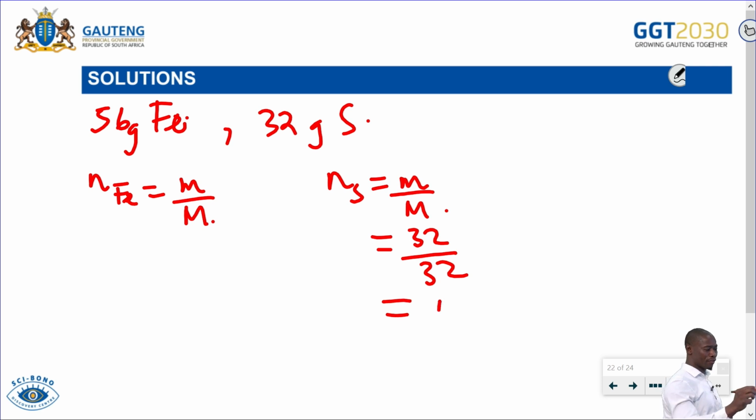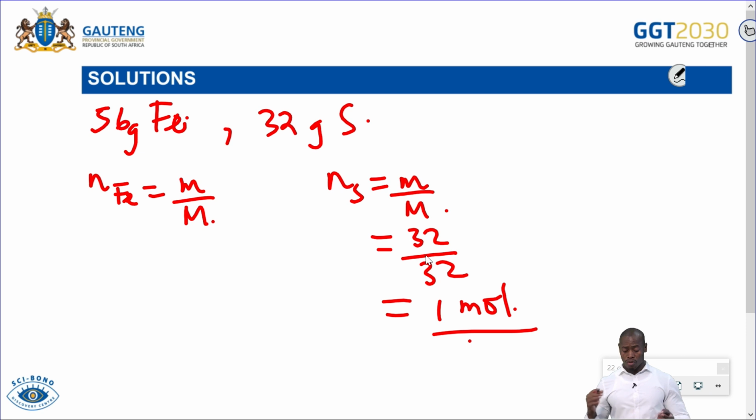So here the number of moles is 1. The first thing you need to do, if you are given percentages, is to express those percentages as masses. But in this case, you are not given the percentages, you are given the masses. So if you are given the masses, you just go straight to the number of moles. So the number of moles of sulfur, mass over molar mass, is 32 divided by 32, which is 1.